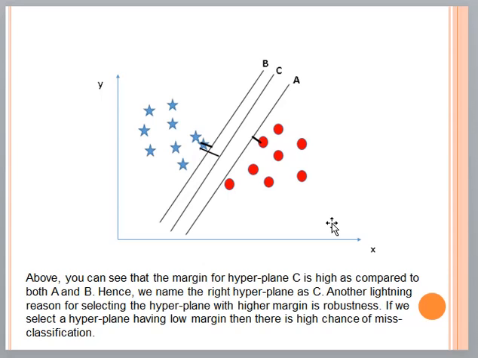So if this margin is maximum, then the rate of misclassification will be low. If we select a hyperplane having low margin, then there is a high chance of misclassification.